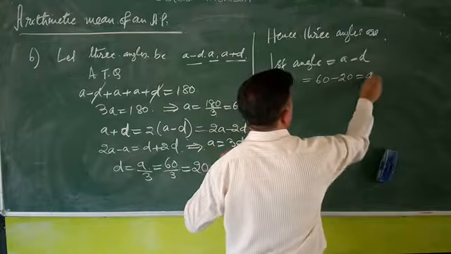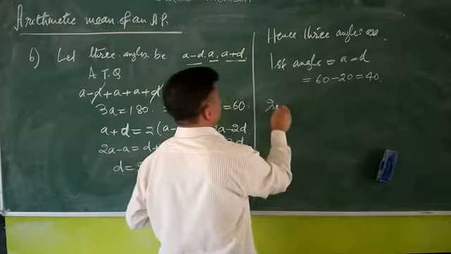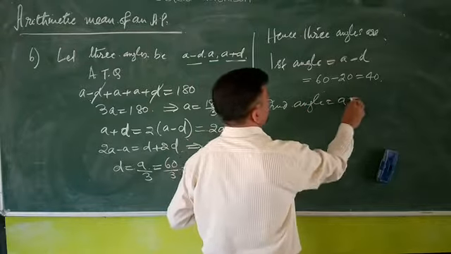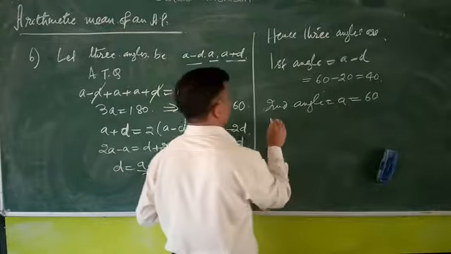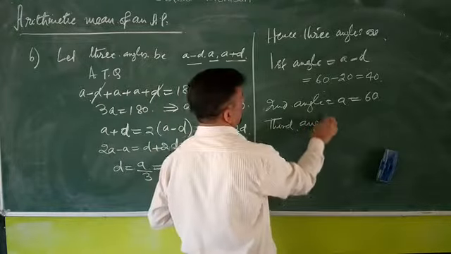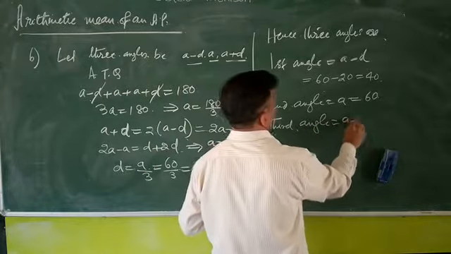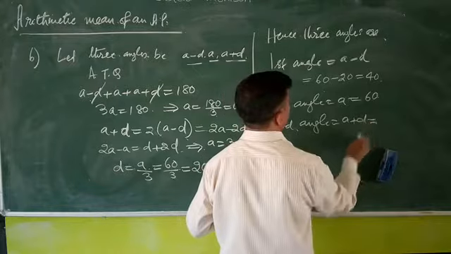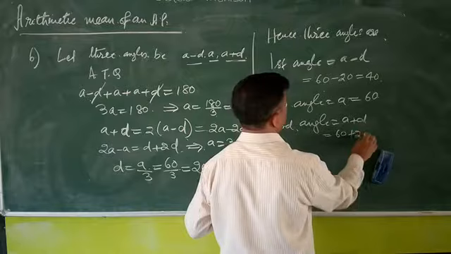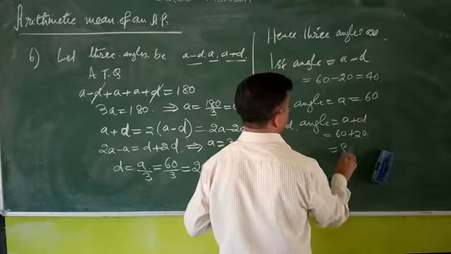This is equal to 40. Second angle is just A, so this will be only 60. And third angle is A plus D. This is equal to 60 plus 20, which is 80.